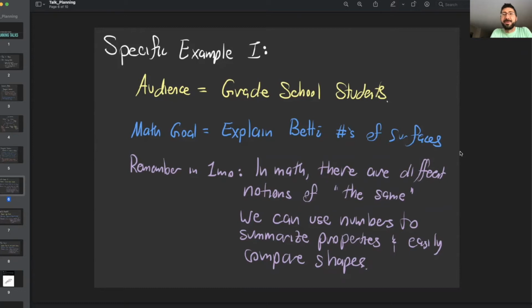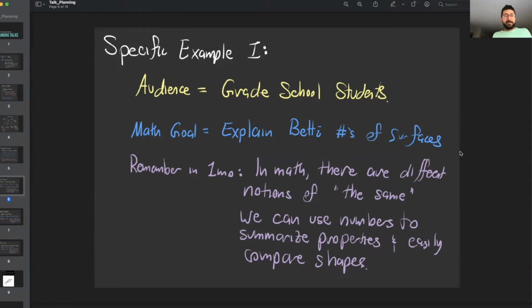So this is more or less the outline I started with when planning the talk, and I want to share a little bit just where I went with it from here. So having a group of around 20 or so grade school students, I think they were like 4th graders, 5th graders.